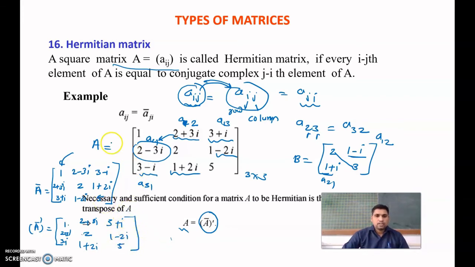Now you can see here, this is A and this is the transpose of the conjugate matrix. Both are the same. So that is another property of the Hermitian matrix. The given matrix is equal to the transpose of the complex conjugate of that matrix.